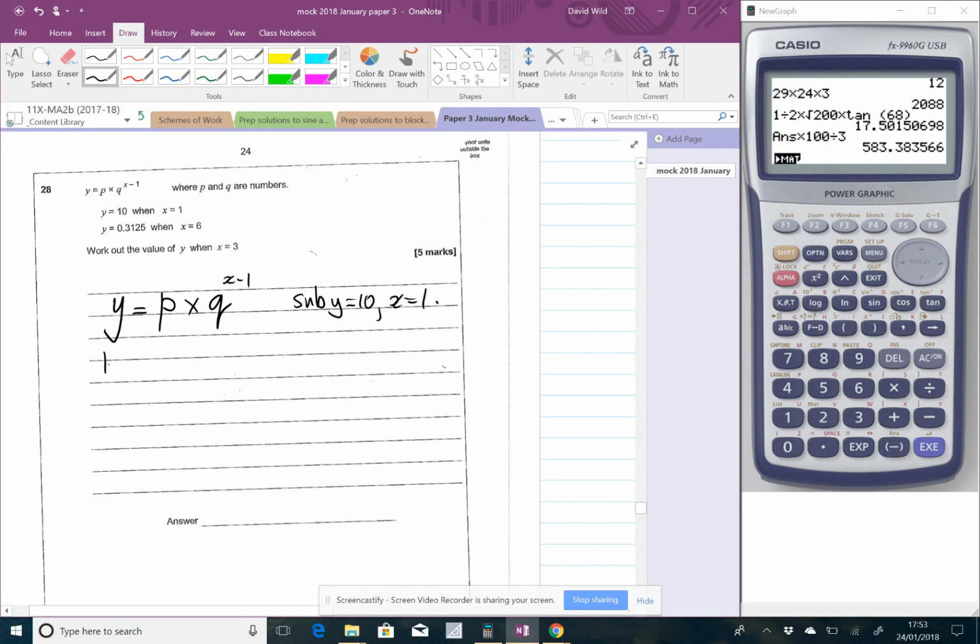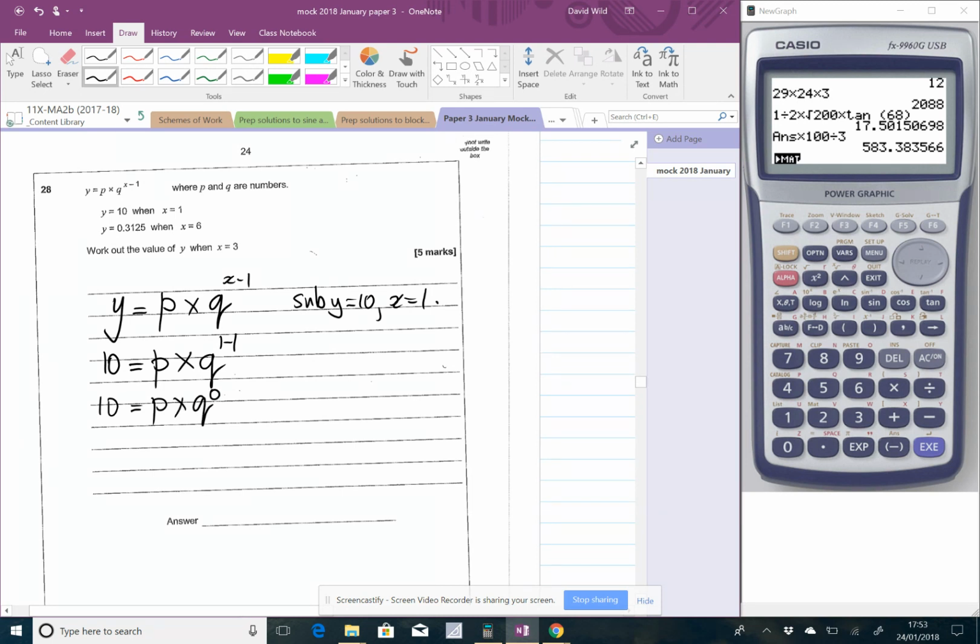So y is 10. We don't know what p is at the moment, times, we don't know what q is at the moment, but we do know what x minus 1 is, because x is 1. So this is 1 minus 1. Quite a few people did that and then stopped. I'm a bit confused maybe, 1 minus 1 here. So 10 equals p times q to the 1 minus 1 is 0.